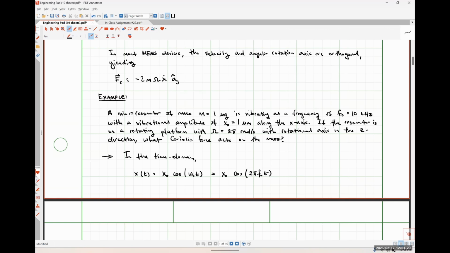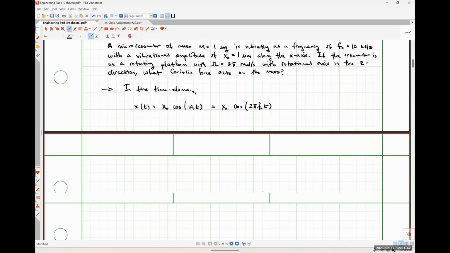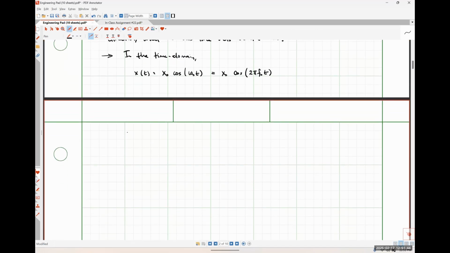Well, we can choose to represent this in the frequency domain, and we tend to do this because it winds up making the math a little bit easier. So let me scroll down here.